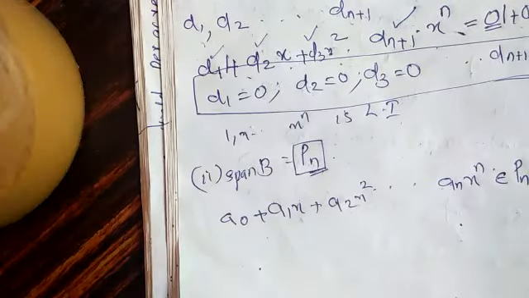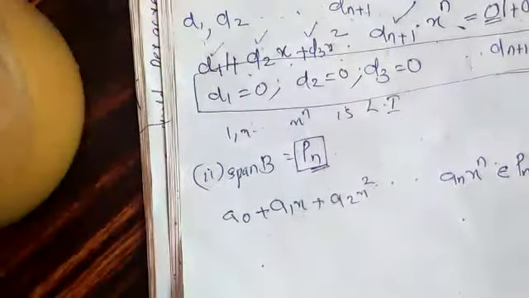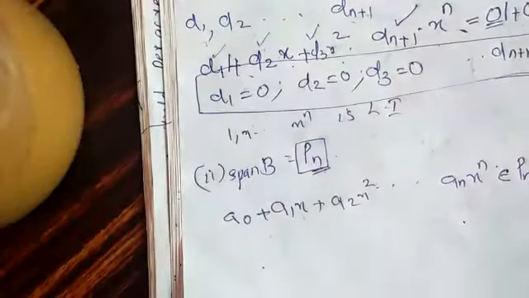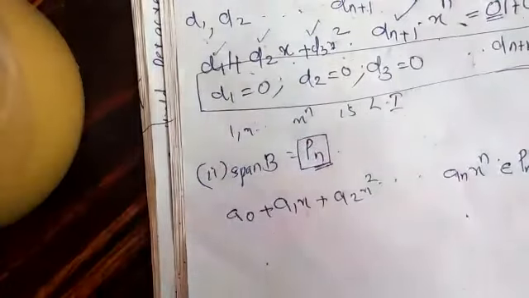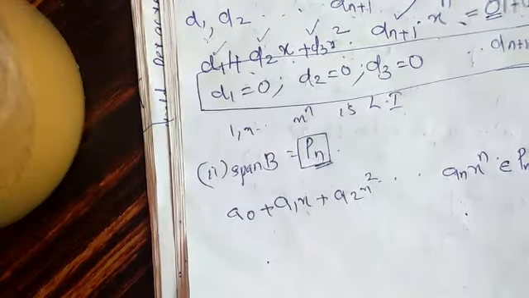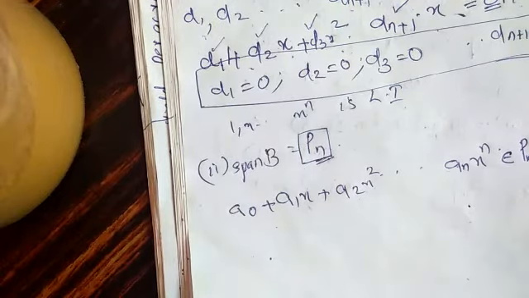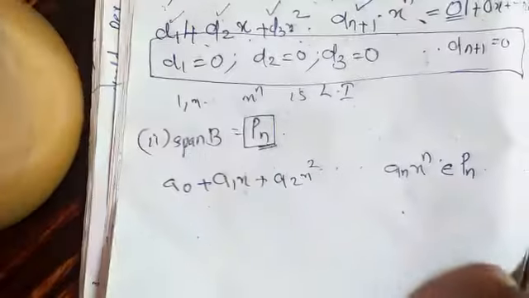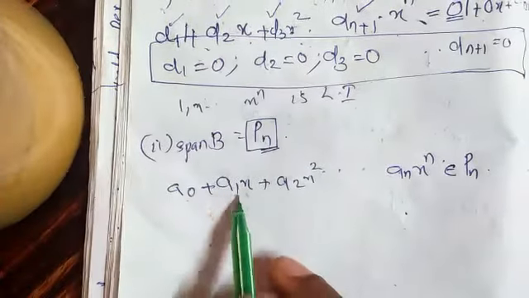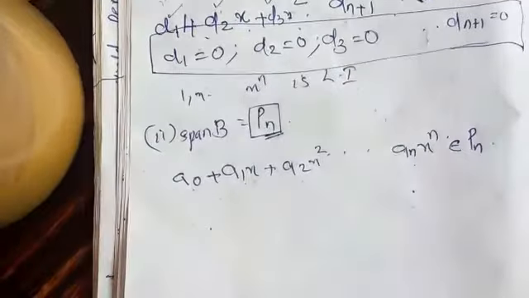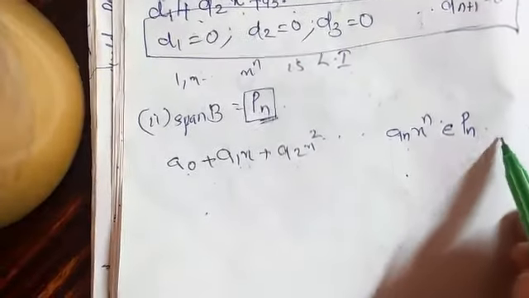Degree n minus 1 polynomials are also in Pn. Degree n minus 2 polynomials are also in Pn. Degree 2 polynomials, degree 3 polynomials, etc., everything between degree 1 and n is also contained in Pn. So we can generally write a0 plus a1x plus a2x² plus etc., an xⁿ as an element of Pn.